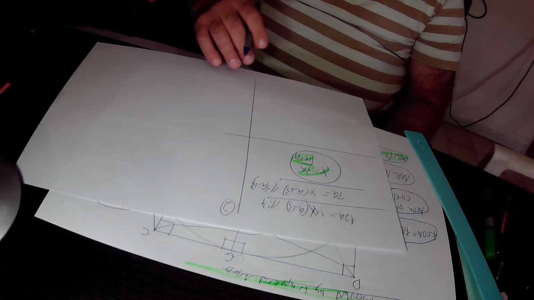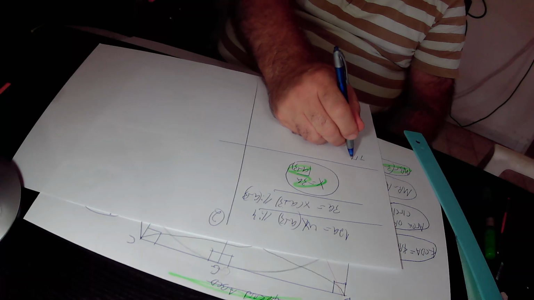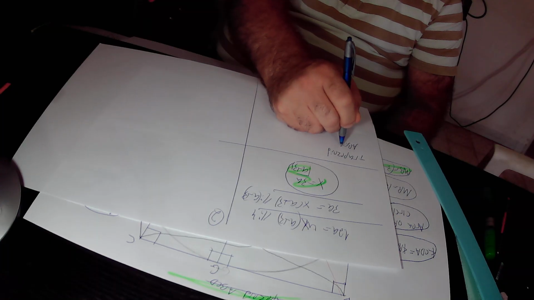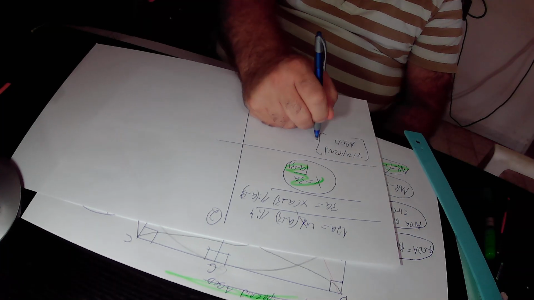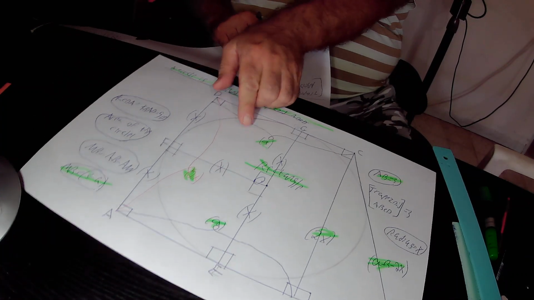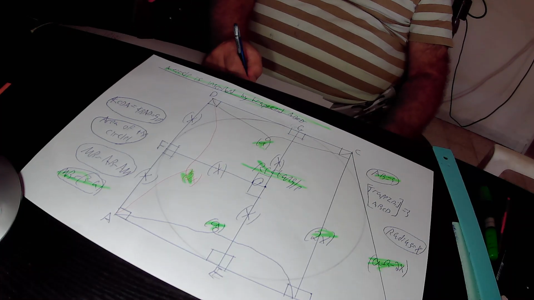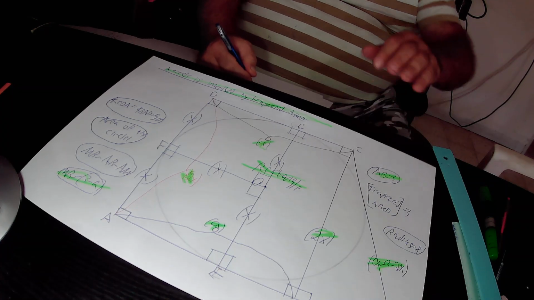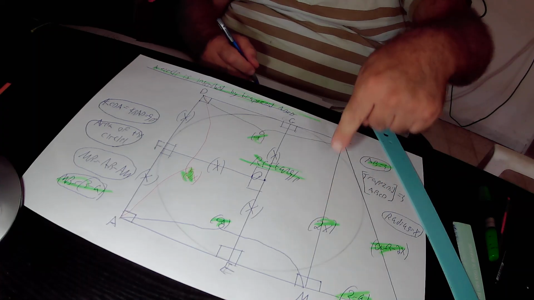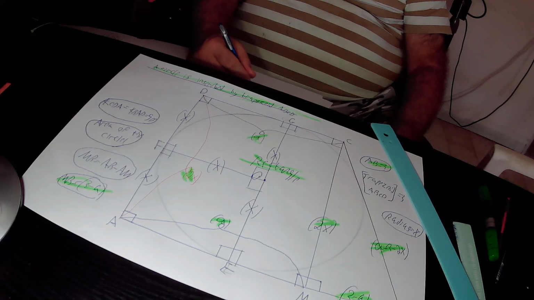So the area of trapezoid ABCD will be equal to the sum of its two parallel bases, that is to say it is DC plus AB, times the height, that is CM, because CM creates 90 degrees with the two parallel bases, so it is times the height CM over 2.